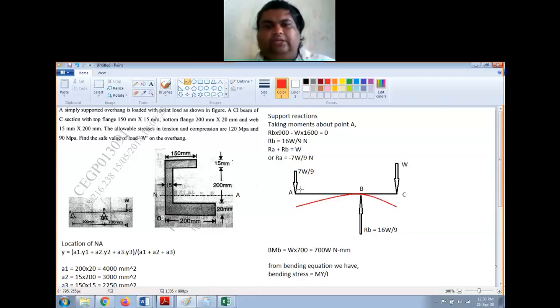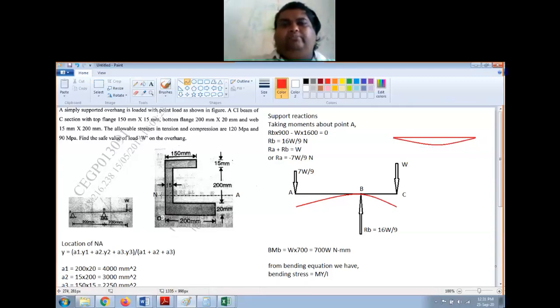The fibers on the upper side of the neutral axis will be undergoing tension and the fibers on the lower side will be under compression. In the last class's numerical, the load was applied at the center, or there was a UDL, and the beam was bending the other way, but now it is reversed.